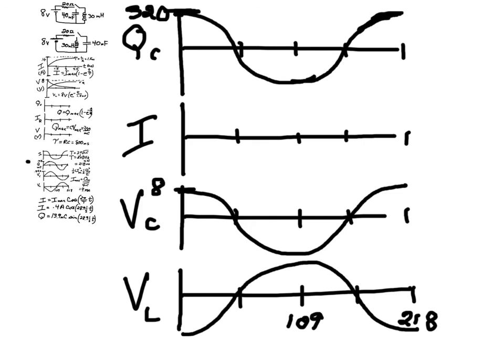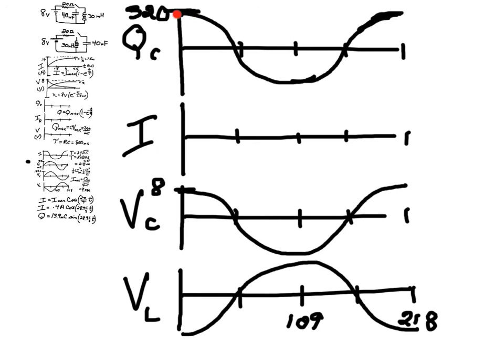So the capacitor starts charged and it puts current through the inductor, but the inductor started with no current in it. So that's where it has to start. It has to start at 0 because that's what it was. And the capacitor acts like a battery, pushing current through the inductor. The current is the derivative of the charge, I equals dq/dt, so the current is the derivative of this.